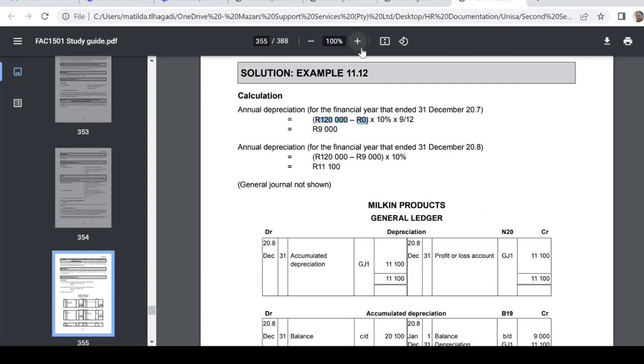Annual depreciation for the financial year ended December 20.8. So depreciation for 20.8 is 120,000 minus 9,000 times 10%, which equals 11,100. So what is the general journal?